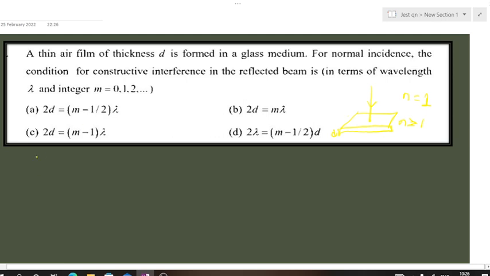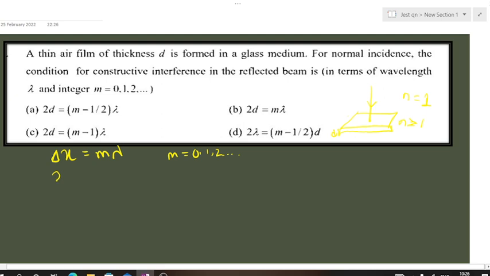As you know, for constructive interference, path difference should be equal to m lambda, where m is equal to 0, 1, 2, and so on. Here the path difference is due to two things.